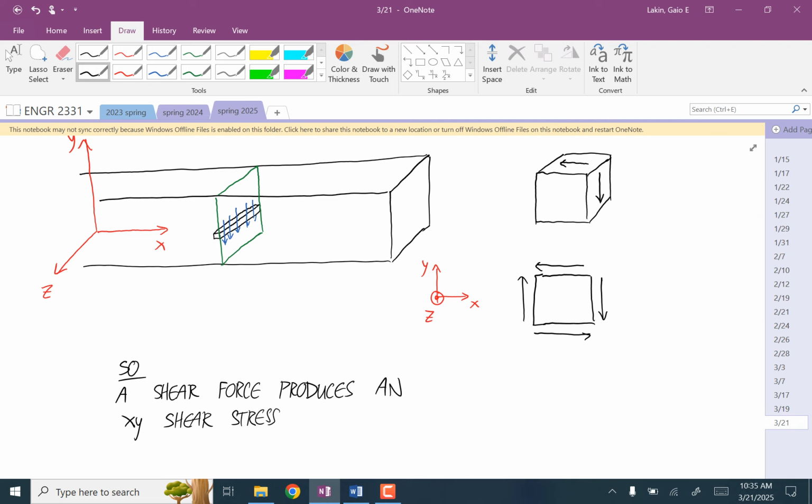Remember that by just reasoning out the directions of what's going on, thinking about a figure like this and what a shear force is, you can make perfect sense out of the fact that that's an XY shear stress.